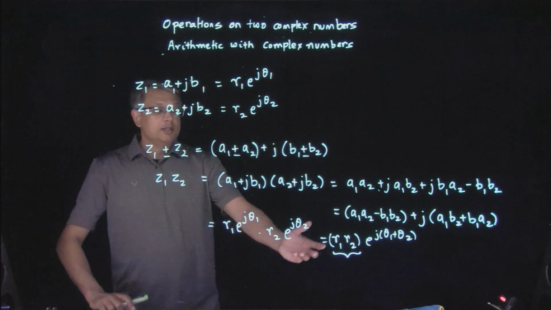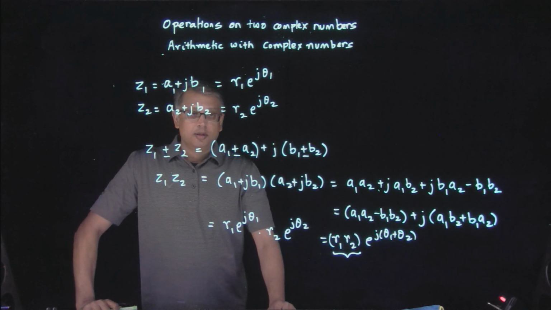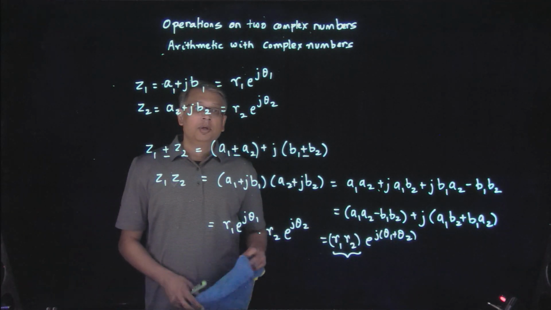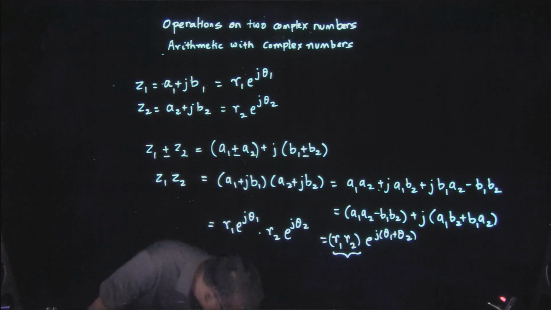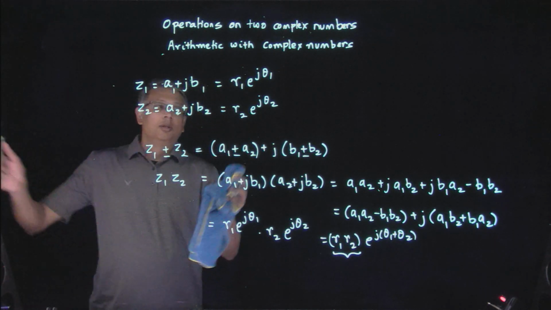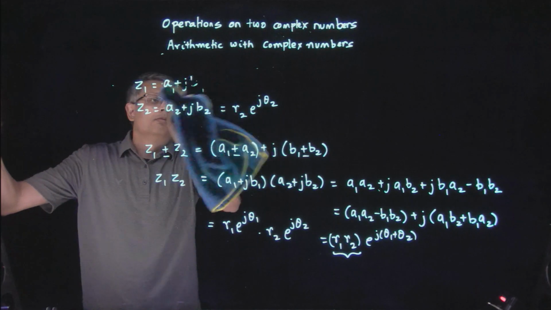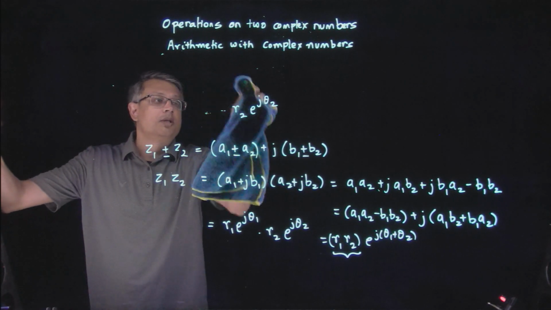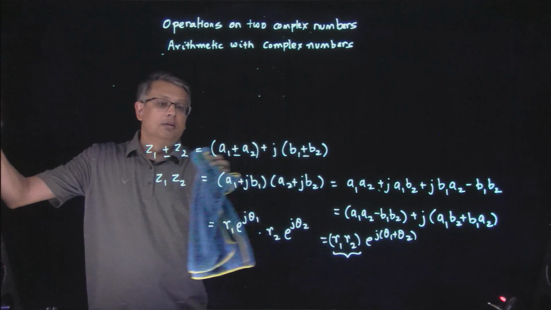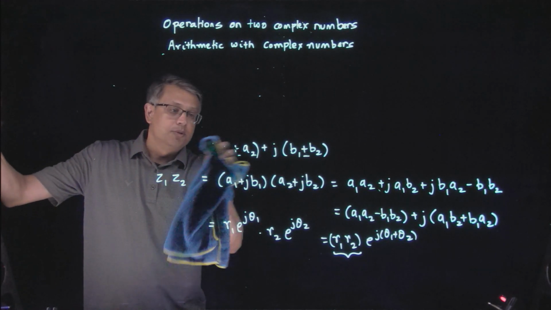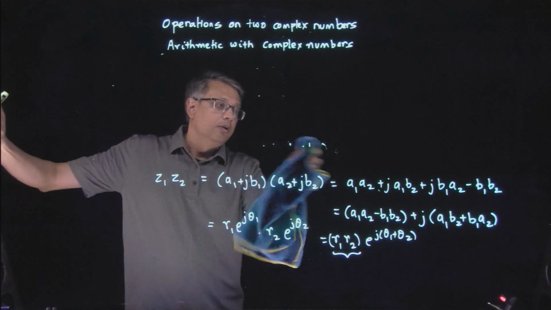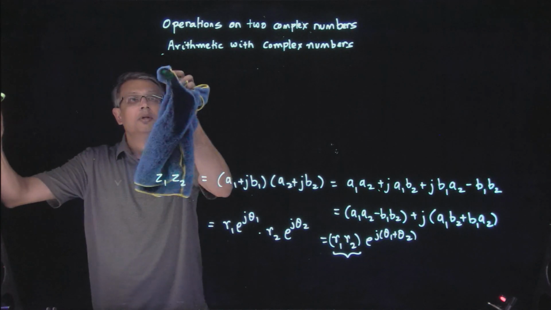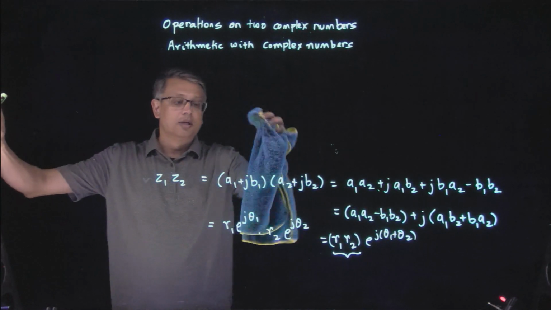So it's a lot easier to multiply complex numbers using their polar forms. The same thing is going to be true if you try to divide two complex numbers. Dividing two complex numbers is quite painful if you do them directly in their Cartesian form.